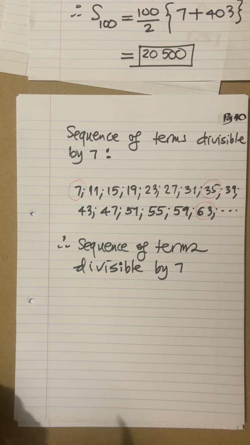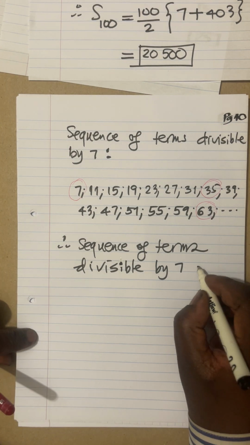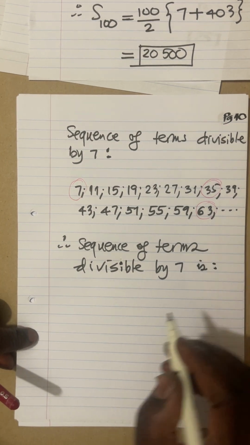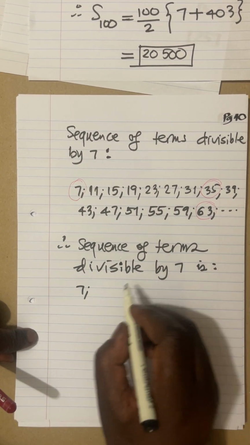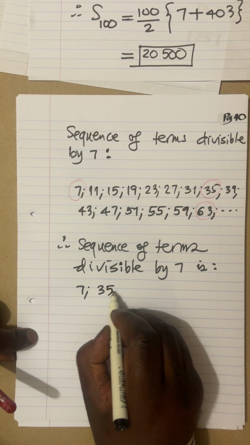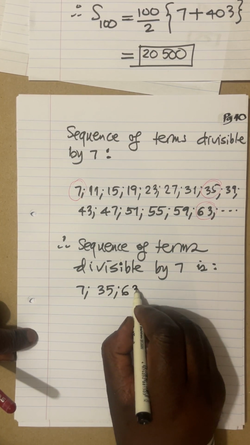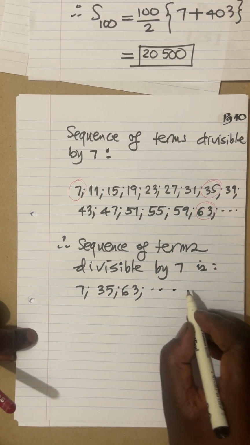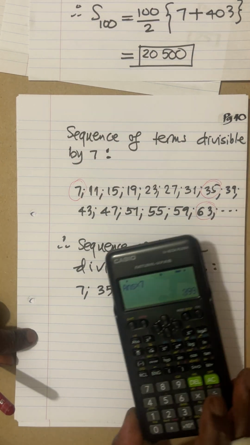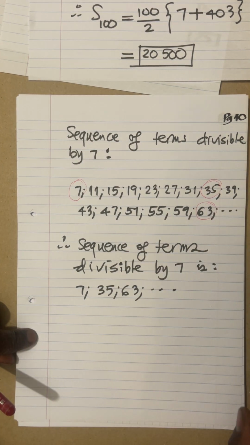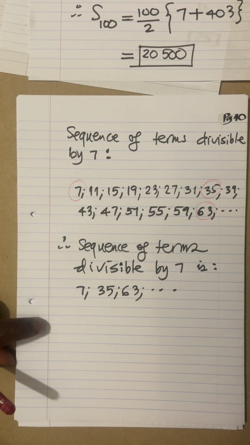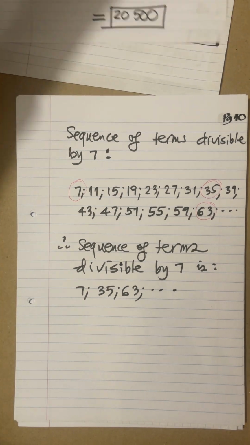All right, that's better. The sequence of terms divisible by 7 is: the first term is 7, then the second term is 35, the third term is 63, and the last term is, remember, 399. How did we get this? By subtracting the common difference from 403, which is the last term of the given sequence.